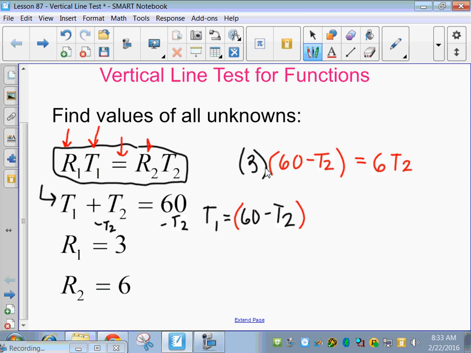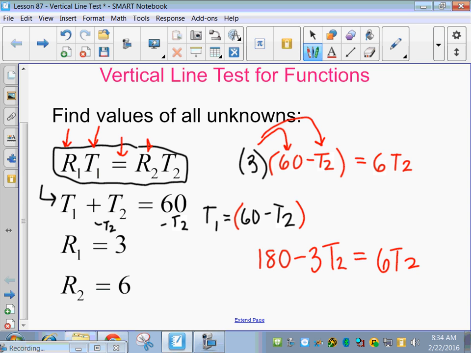All right. So now we're going to solve this equation. I have to distribute the 3. So 3 times 60 is 180. 3 times negative T2 is negative 3 T2 equals 6 T2. Okay.